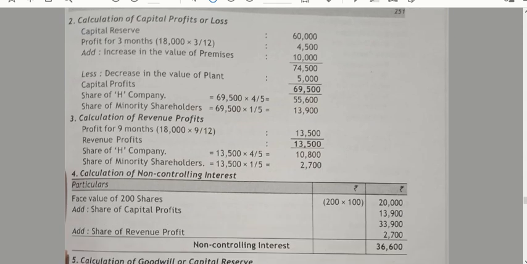Calculation of capital profits or losses. You start with capital reserve because capital reserve is given in the question, which is 60,000.